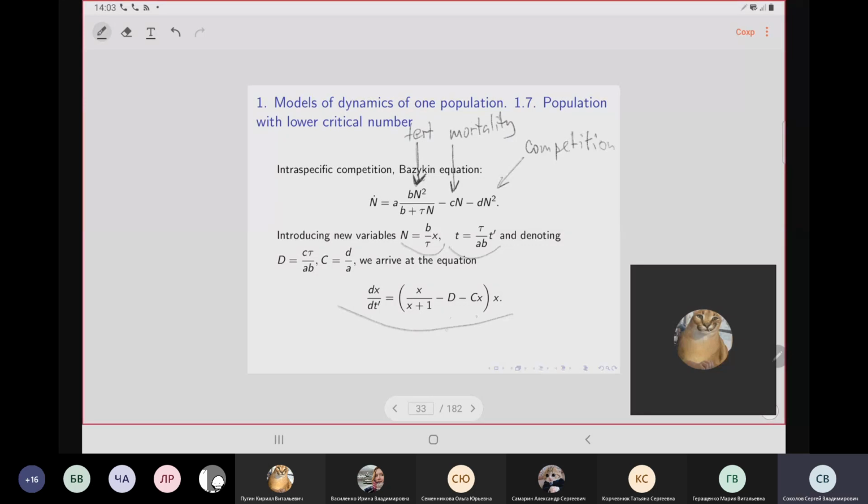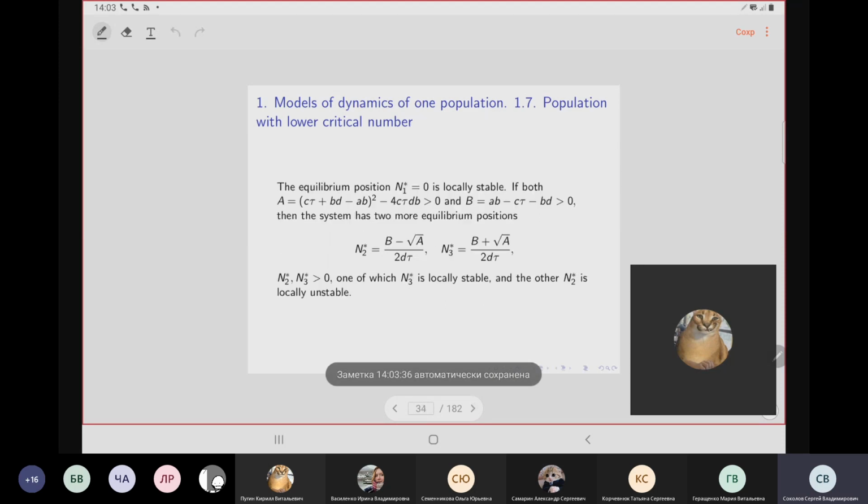We can analyze the right-hand side in the same way. So we are interested in solutions when the right-hand side is equal to 0. We get the algebraic equation of the second order. And using the technique that we had from school, we can derive that there are 3 stable states.